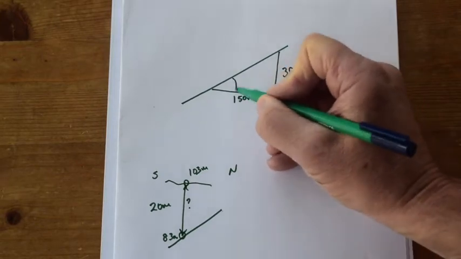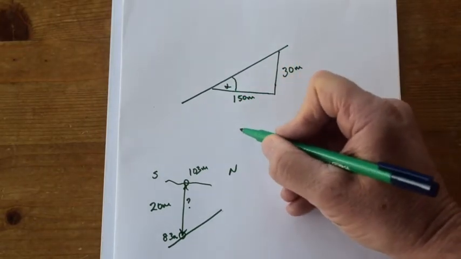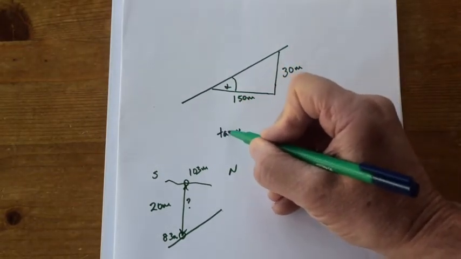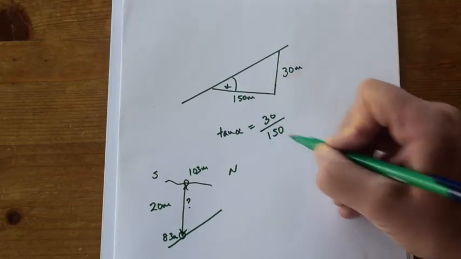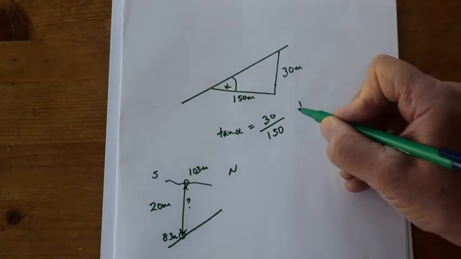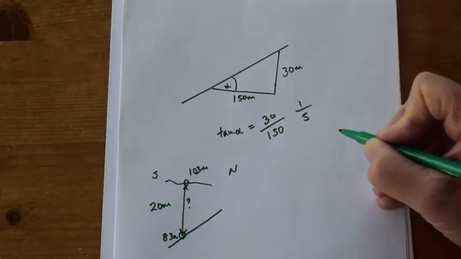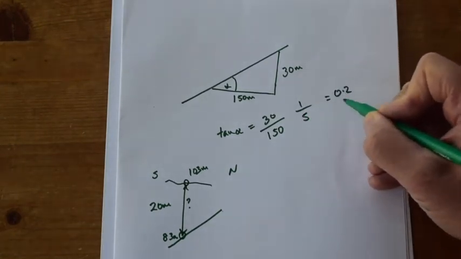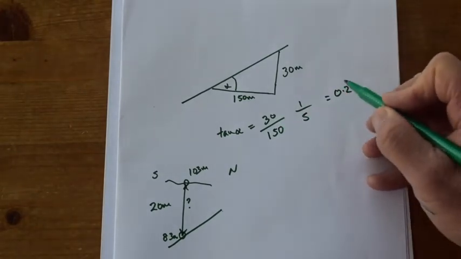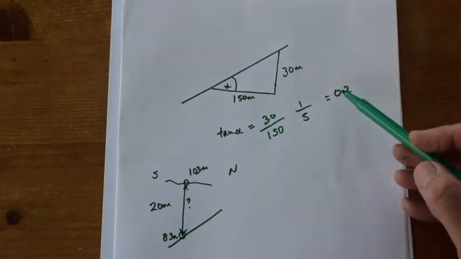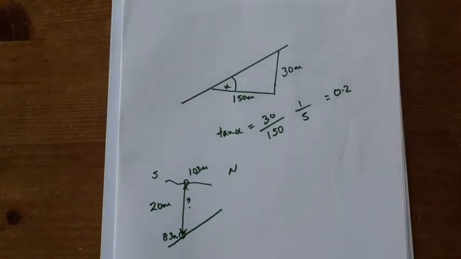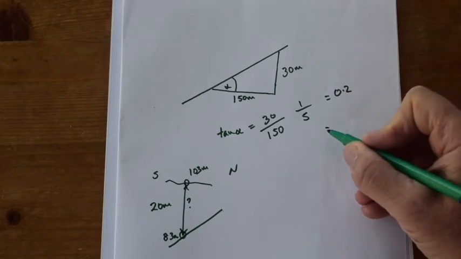And so the angle in here, alpha, which is the dip, the tangent of alpha, is going to equal 30 over 150, which is 1 over 5, equals 0.2. So we now just have to look up the inverse tan of 0.2. And the answer is 11 degrees.